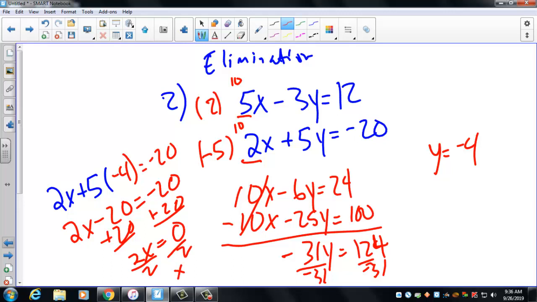Divide by 2, x is equal to 0. So we got 0, negative 4. All right, any questions on that?